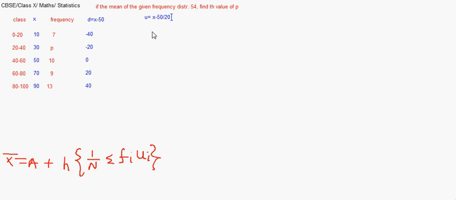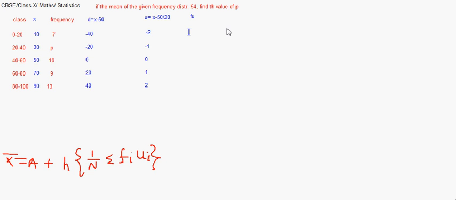So X minus 50 was minus 40. Minus 40 by 20 gives me minus 2. Then minus 1, 0, 1, 2.